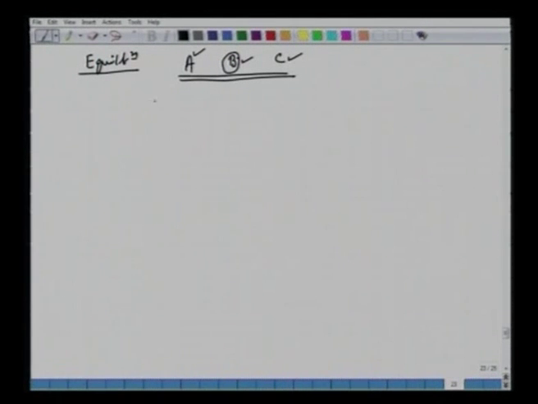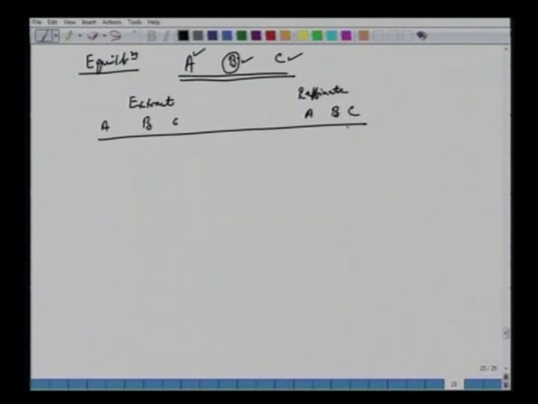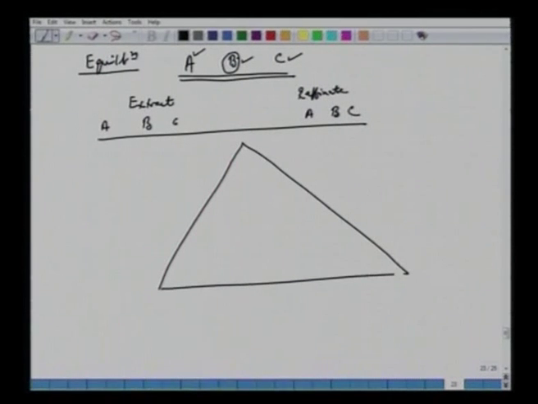So you will have the extract and the raffinate, and you will see A, B, C here. Then you have to draw. You have to take this type of triangular graph, an equilateral triangle.